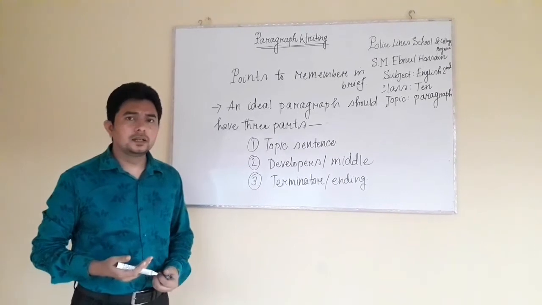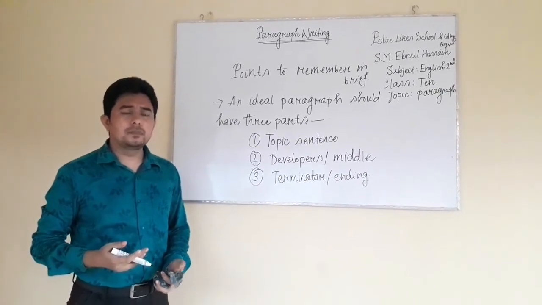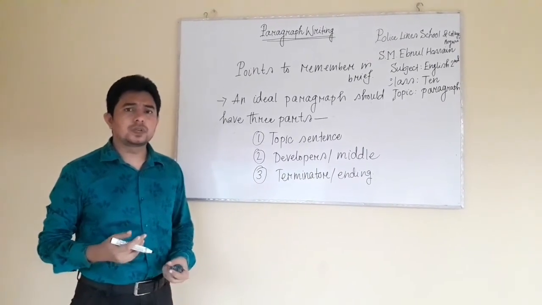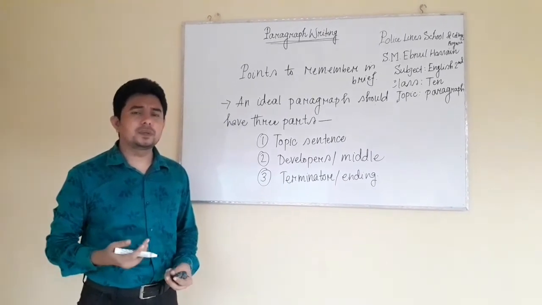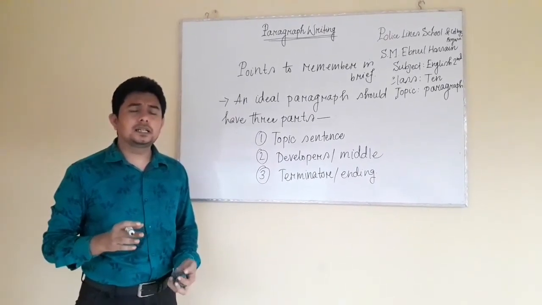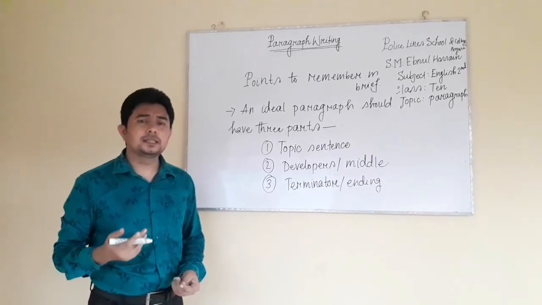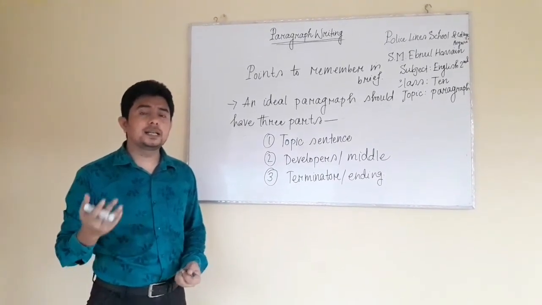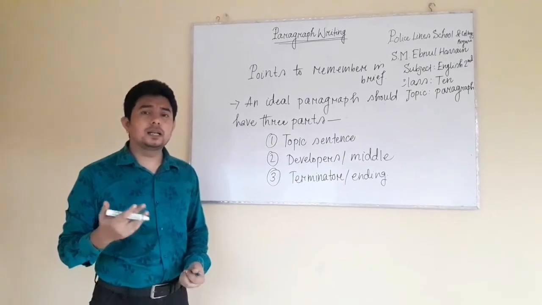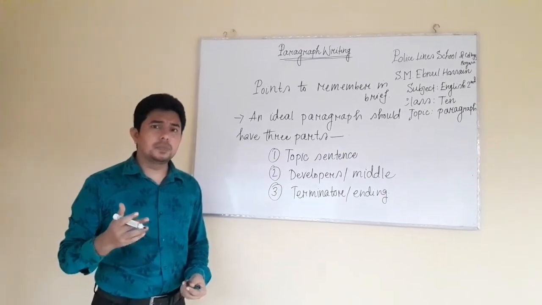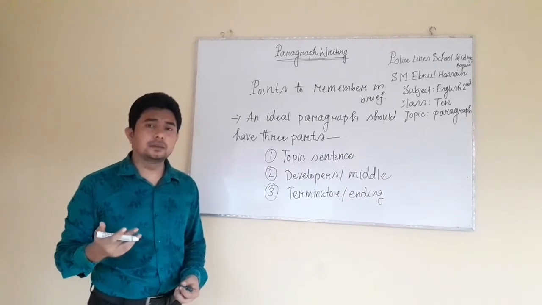These are the important parts to develop an ideal paragraph. Apart from this, there are some questions which may arise in your head: what is the length of an ideal paragraph, or how many lines may an ideal paragraph contain?